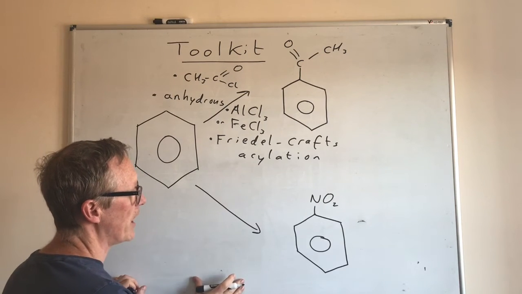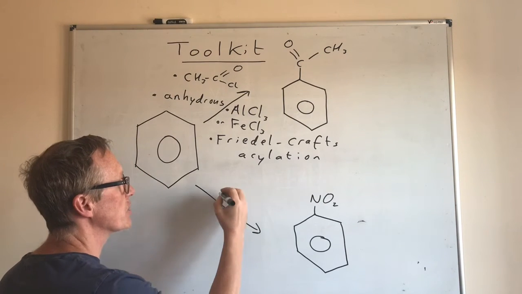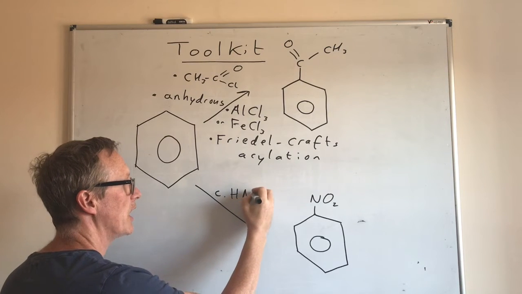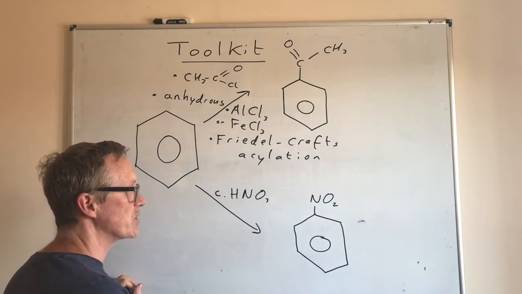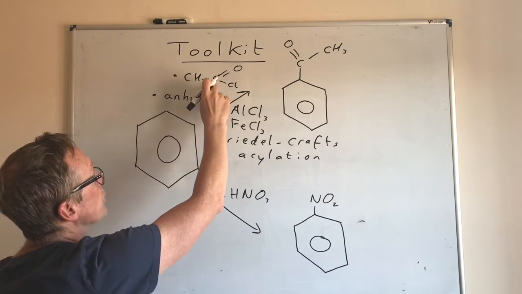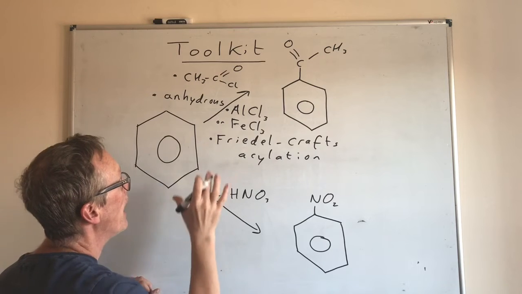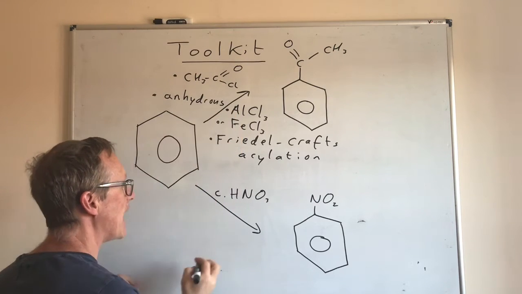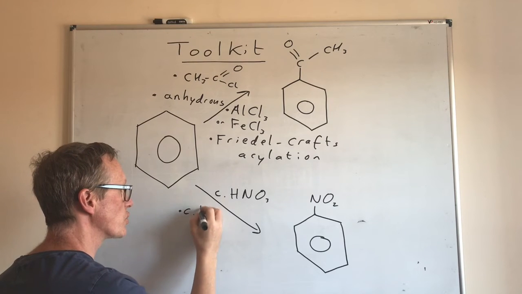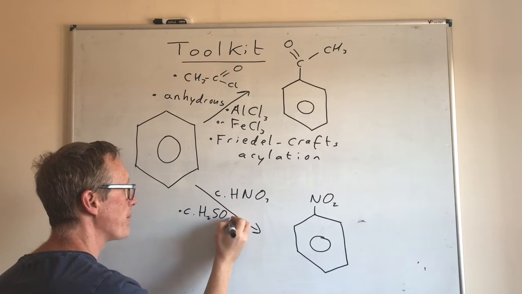Now this chemical reaction requires a reactant, and the reactant that we use is concentrated HNO3, nitric acid. And once again, we think, what is the reactant? Any other information? Do I need a catalyst? And the answer is yes, I do need a catalyst, and that's concentrated H2SO4.